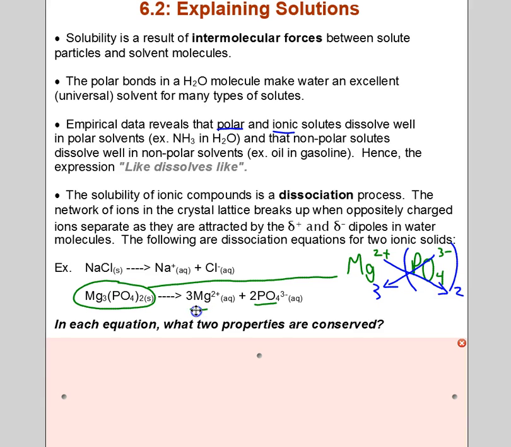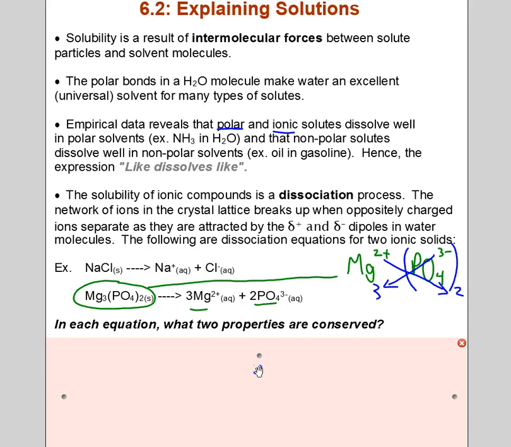So these are physical processes, and in these two equations, they do clearly illustrate that mass is conserved. We have the same number of ions of magnesium, phosphate, sodium, and chloride on both sides. So mass is conserved, as well as you'll notice charge is conserved. The left side shows no overall charge. We understand it to be a balance of positive and negative ions in that formula unit.